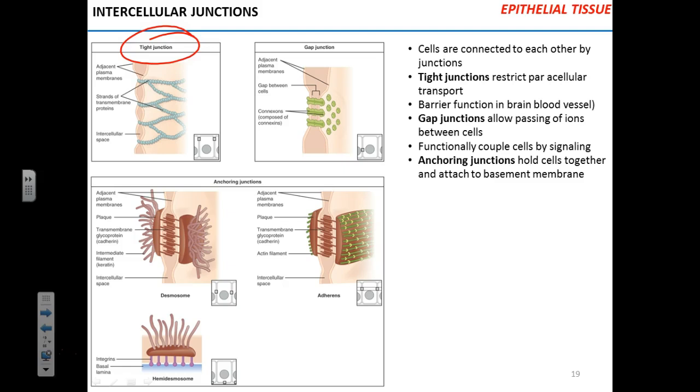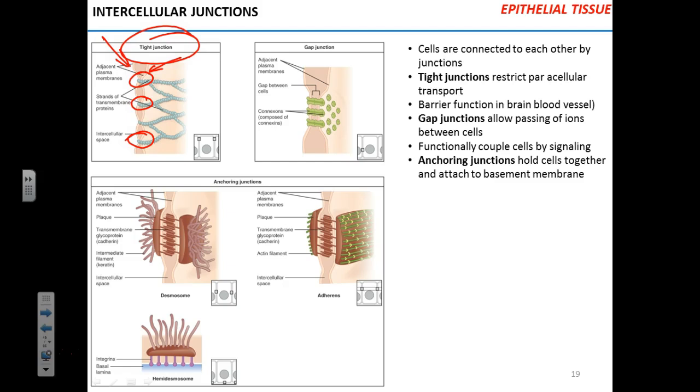You can see the two membranes of the epithelial cells, and they are somewhat stitched by the tight junctions. Essentially, these junctions prevent anything from going from one side of the epithelial barrier to another. Does that make sense? Think about tight junctions as helping epithelial cells to form a perfect wall.